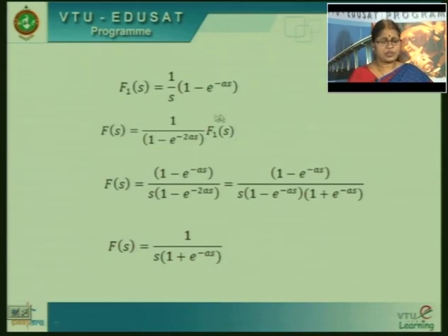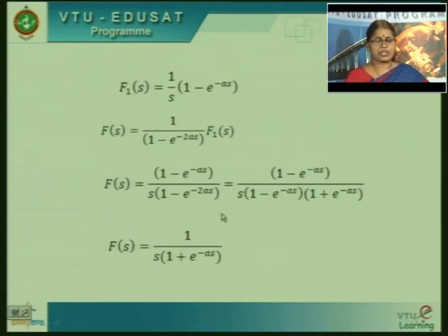But what is f1 of s? f1 of s is 1 by s into 1 minus e power minus as. So, substituting f1 of s in this expression, f of s is equal to 1 minus e power minus as divided by s into 1 minus e power minus 2as.